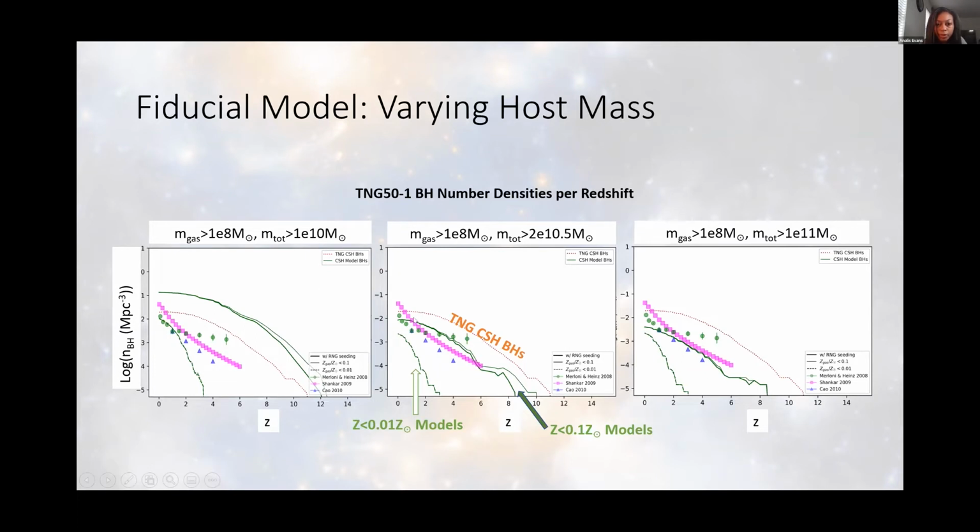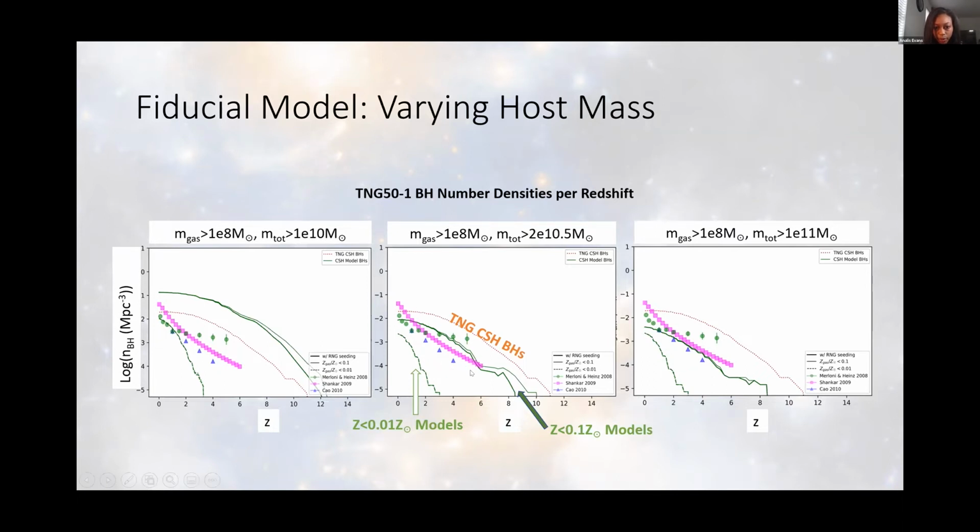We first can notice that TNG black hole number densities come out differently than the empirical data points that we see in the colored points. Overall, it's because there's uncertainty in the black hole mass function redshift evolution right now.